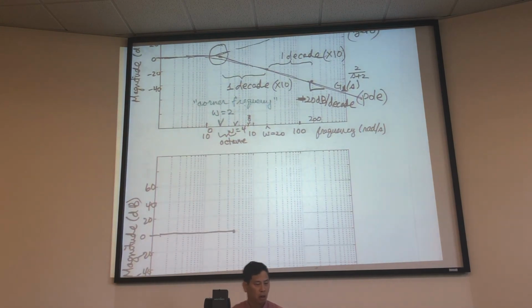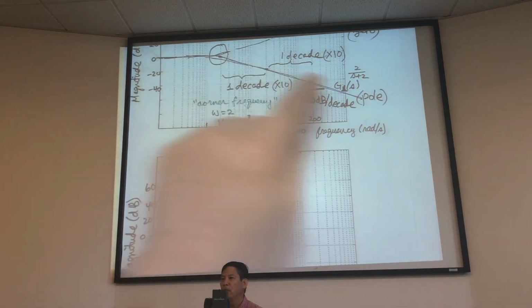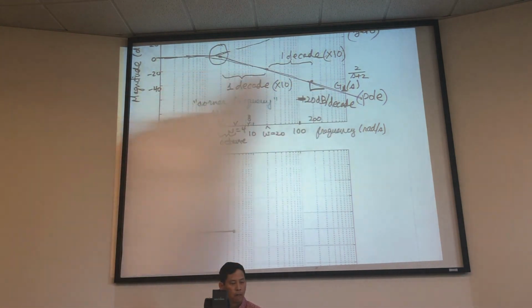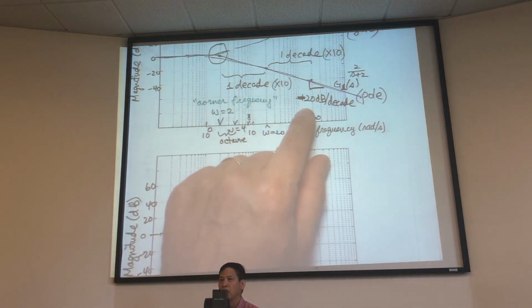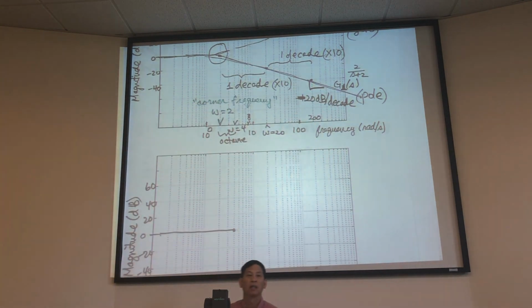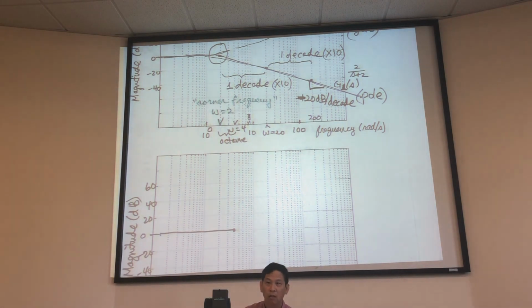What will the slope be? Well, let's look at our previous first order case. With the first order case, the slope was a factor of 20 dB per decade. This being second order, we think the slope will be 40 dB per decade, right?